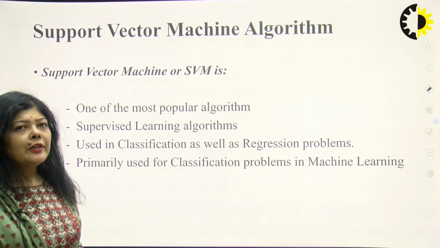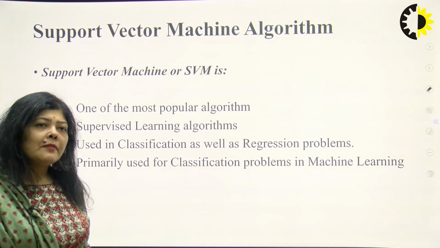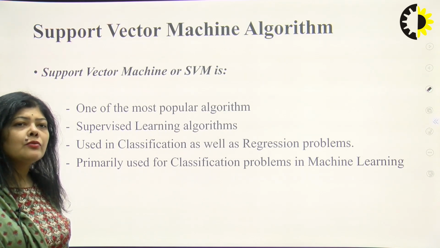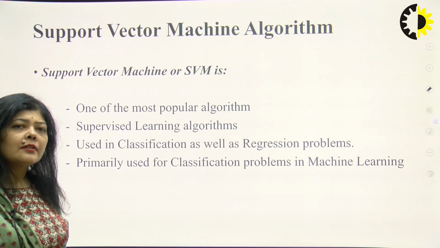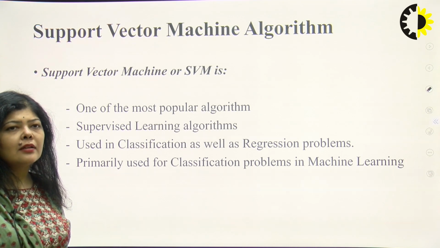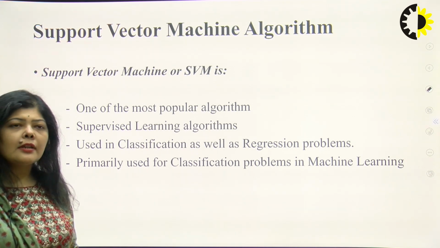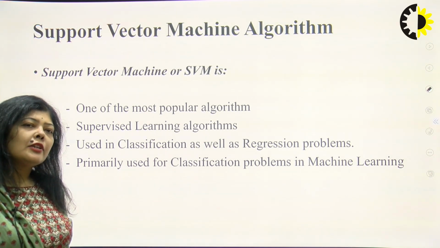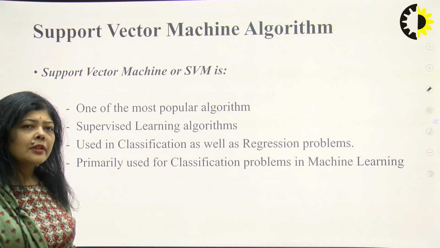So support vector machines, or simply SVM, is one of the most popular algorithms that we use, and this is a kind of supervised learning algorithm. Supervised means that it uses the labels to identify the types of pattern that need to be classified or regressed.